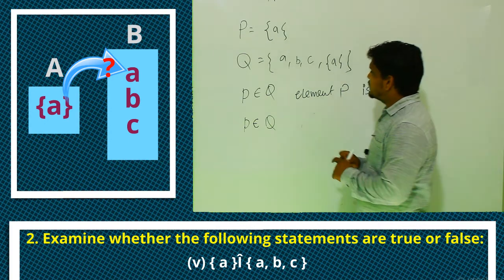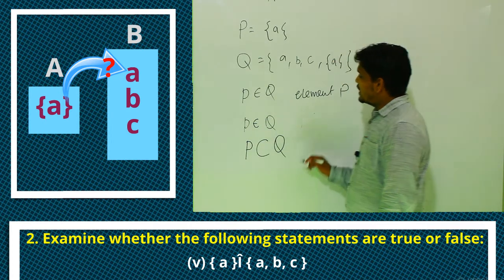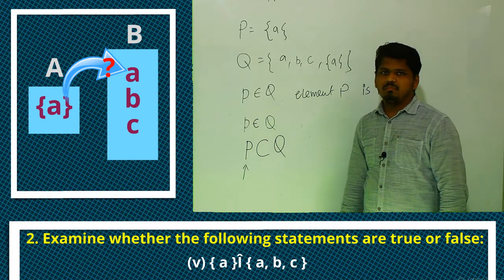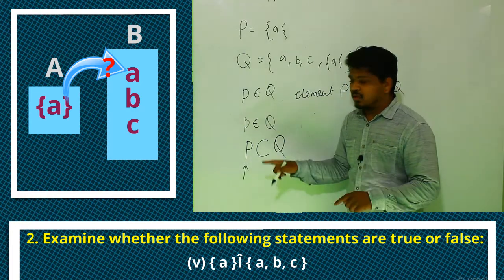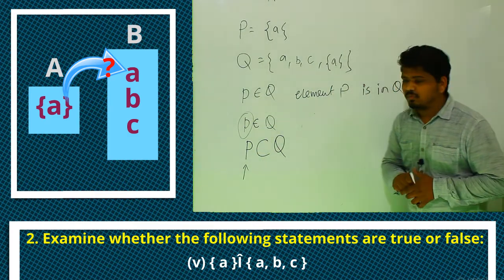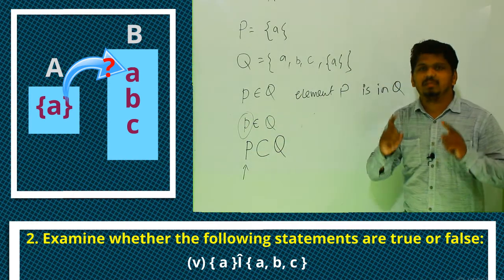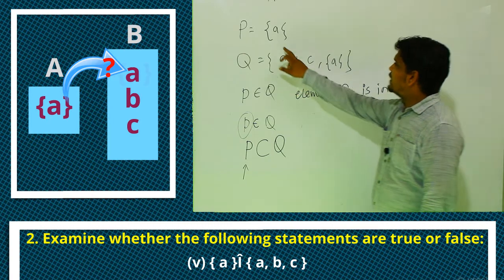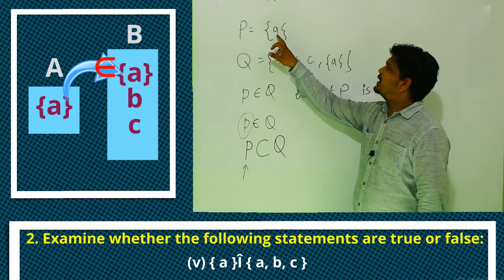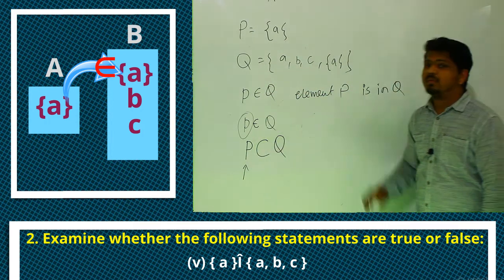When you are saying subset, suppose I need to check whether P is a subset of Q or not, then you will check the elements of set P. Here I will consider P as an element, and here I will consider P as a set. Now clearly here P is a subset of Q. Why? For all elements of P, that is A, we have that A in Q. Therefore P will definitely become a subset of Q.